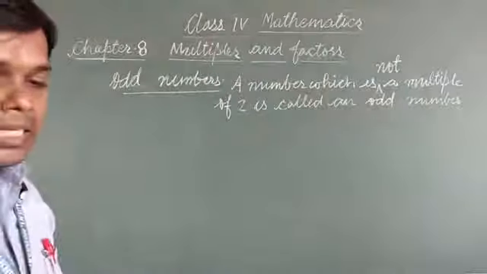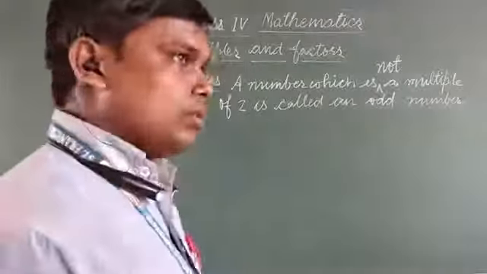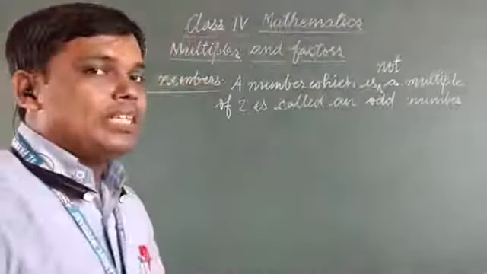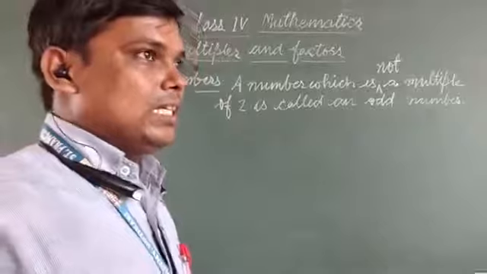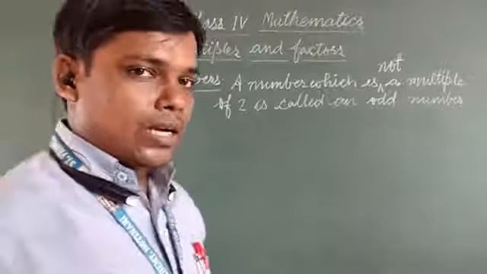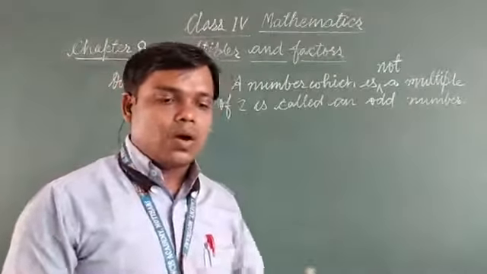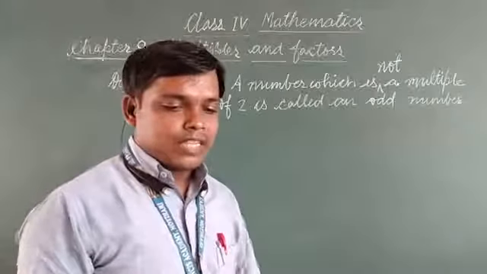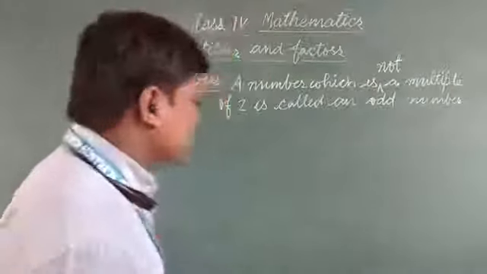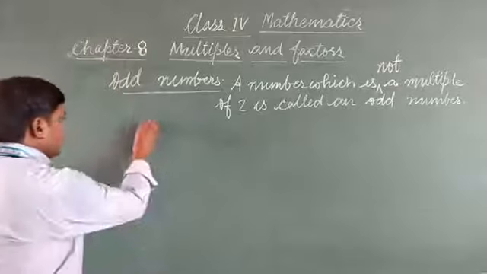Means the numbers which cannot be divided by 2 exactly are called odd numbers.